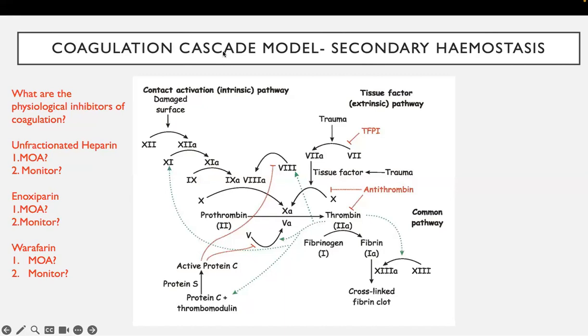Yes. It completely inhibits the vitamin K reductase enzyme, which essentially activates vitamin K. Good.